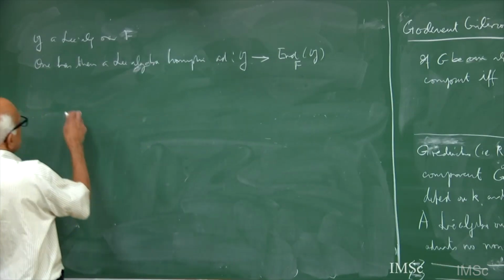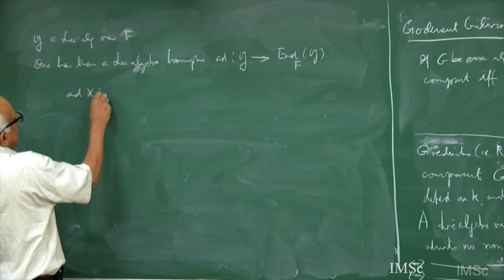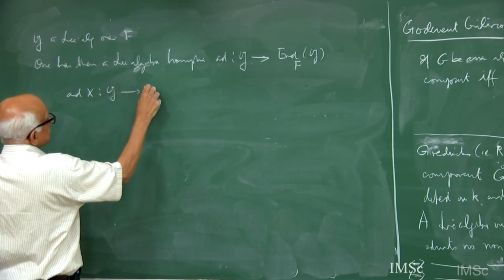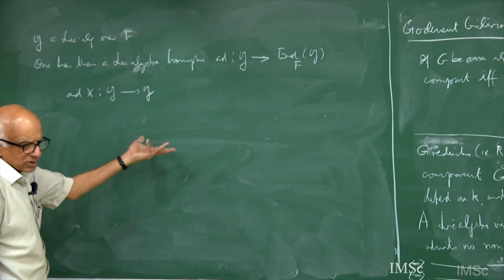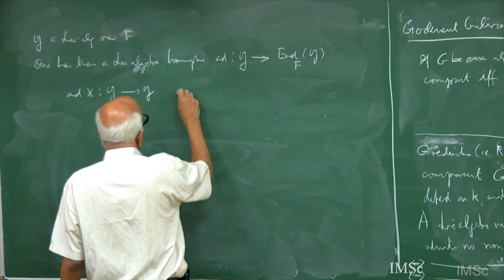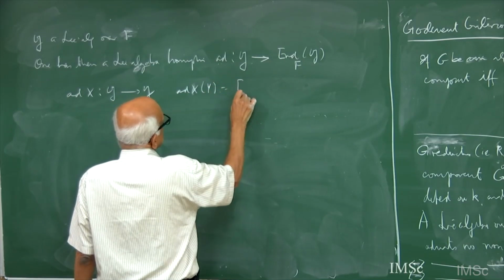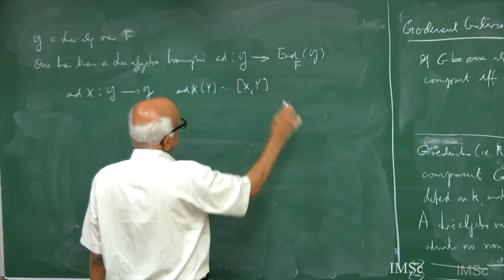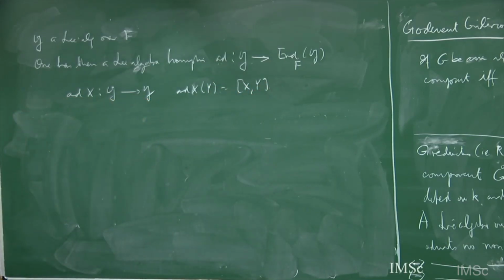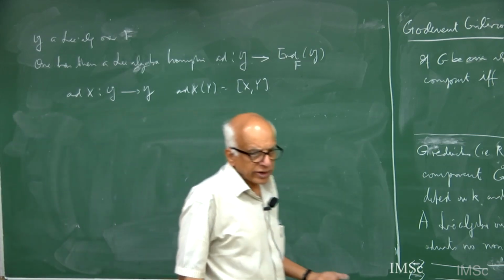How do you get this map? You have to define ad x as a mapping of G to G, and there is essentially only one way to do it. You define ad x on y as simply the bracket [x,y]. The Jacobi identity tells you that ad is a homomorphism of Lie algebras. Now, for any endomorphism you can define the trace.